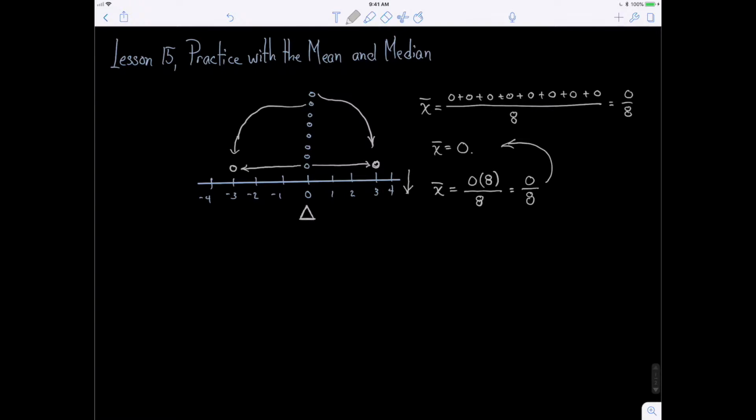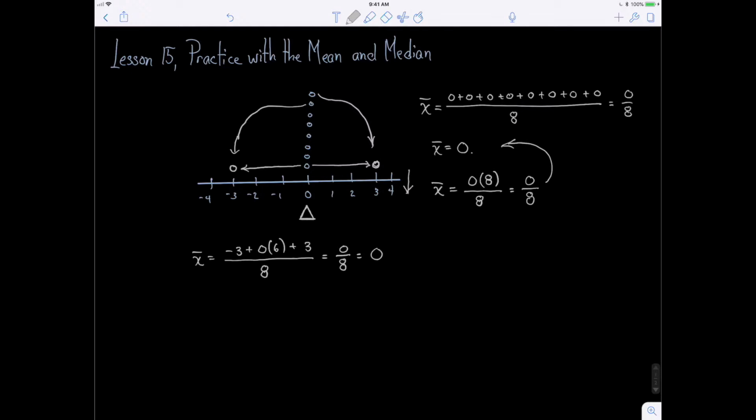Now if I wanted to calculate my mean, x bar is equal to a minus 3, plus 0 added 6 times, plus a positive 3. Sure enough, a negative 3 plus 0 is still negative 3. Add 3 more to that, and I have 0. And so I've kept my mean balanced.